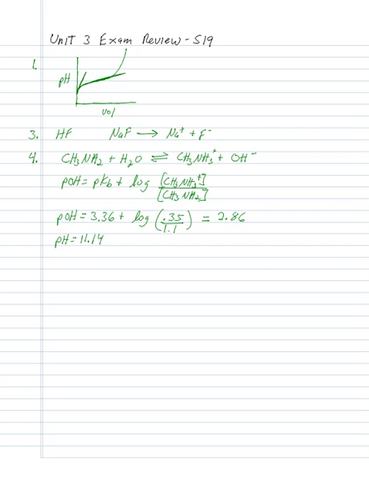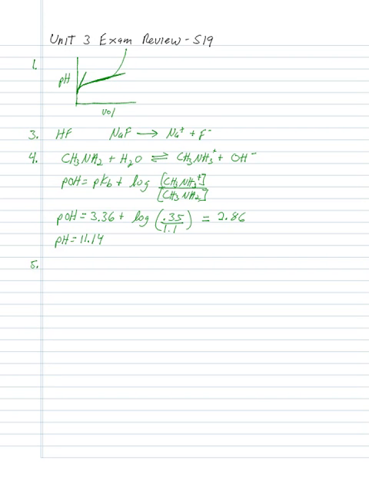Okay. Number 5. Okay, so we have Ka of acetic acid is 1.8 times 10 to the minus 5. The pH of a buffer prepared by combining 50 milliliters of 0.25 molar potassium acetate and 50 milliliters of 1 molar acetic acid is what? So let's just set up our equilibrium reaction there.